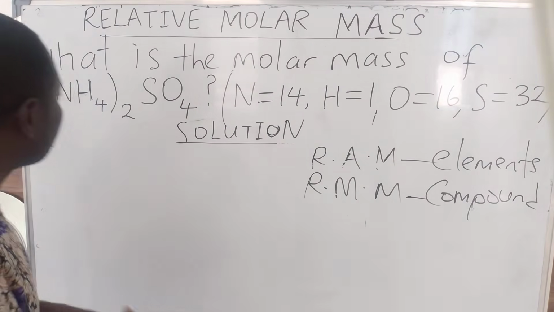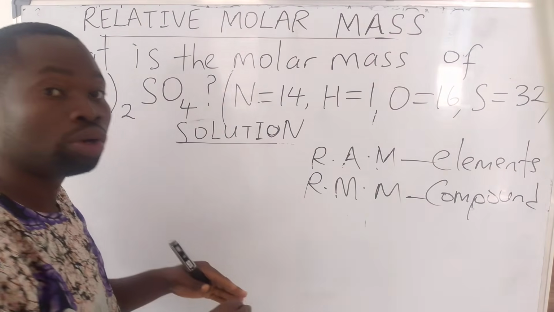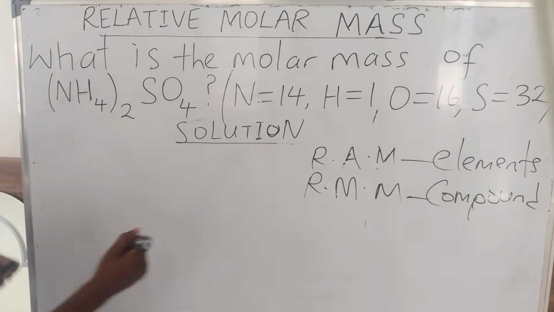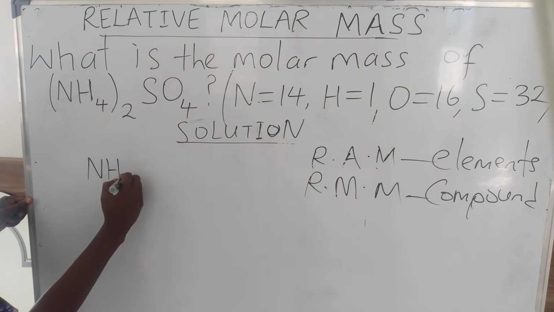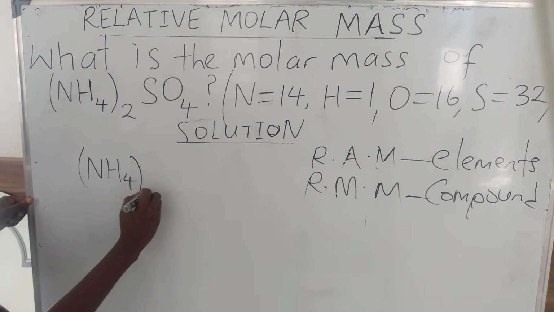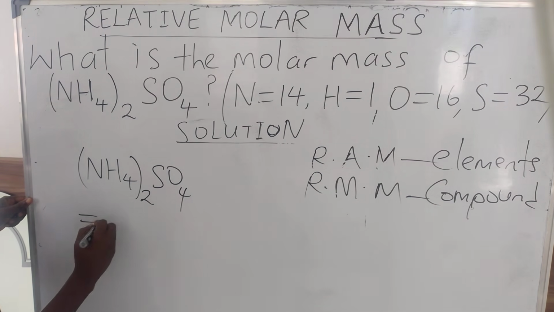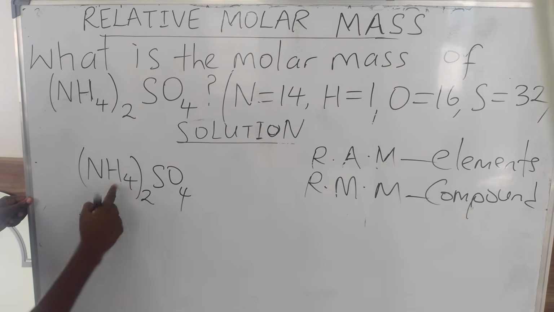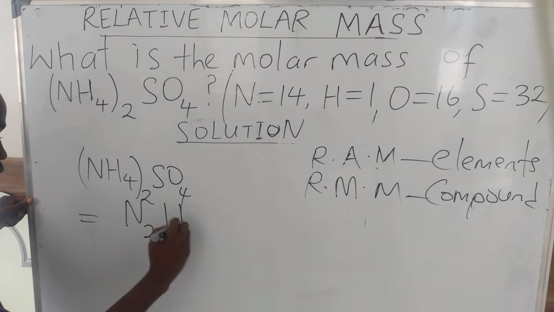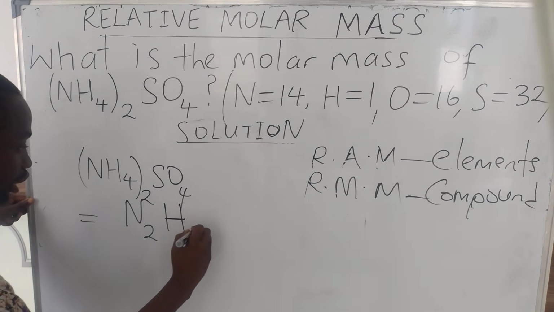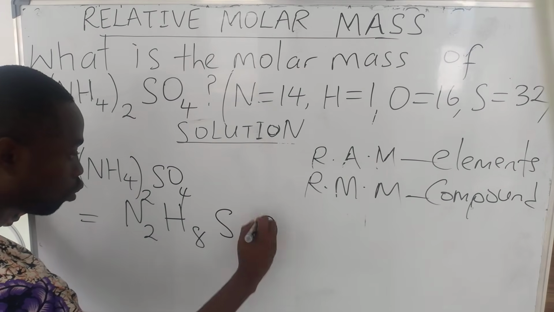What you need to do is, anytime you have a bracket like this, just like in mathematics, open the brackets. So you can turn this (NH4)2SO4 to, this 2 is for both N and H. Turn this to N2H4 times 2, H8, S1O4.